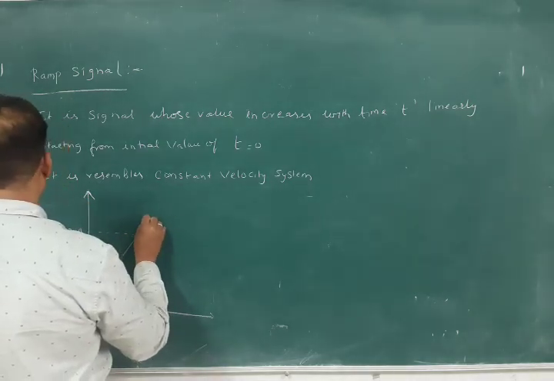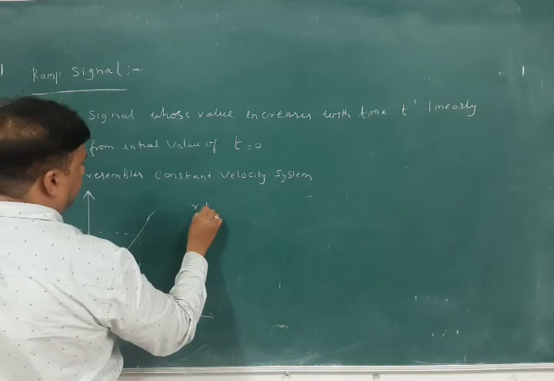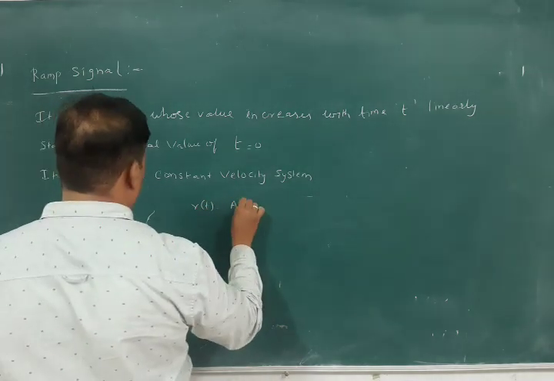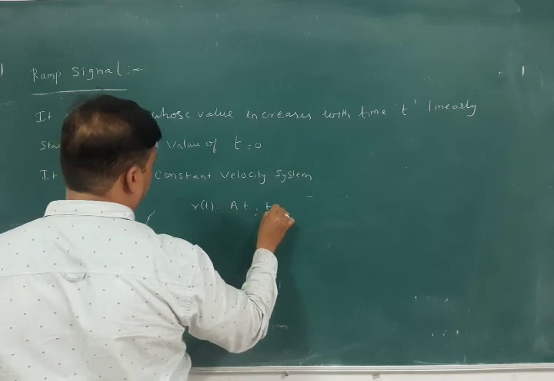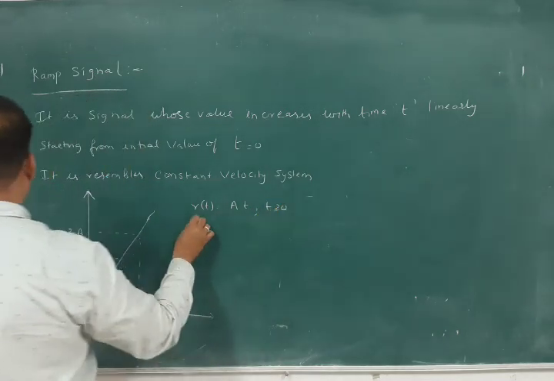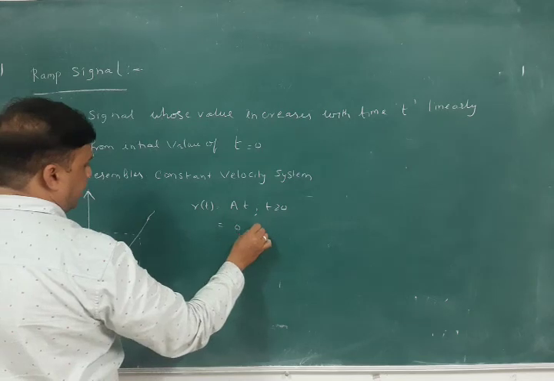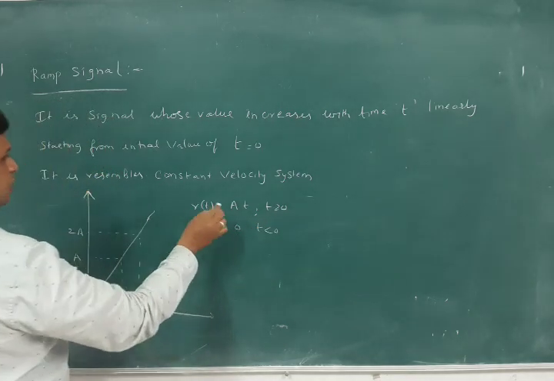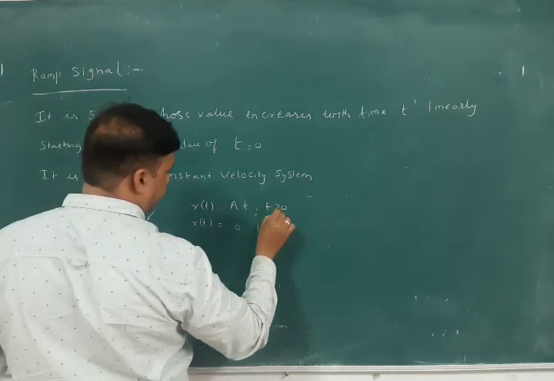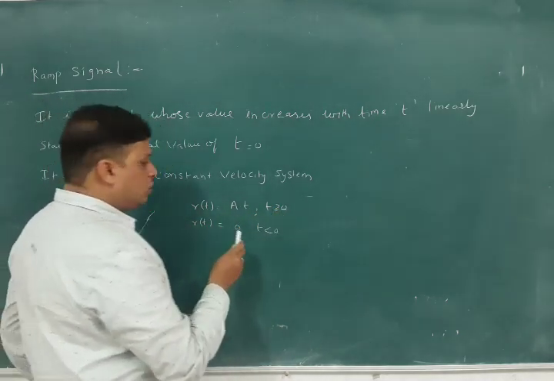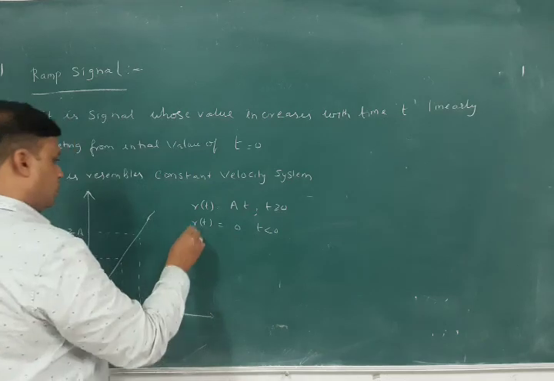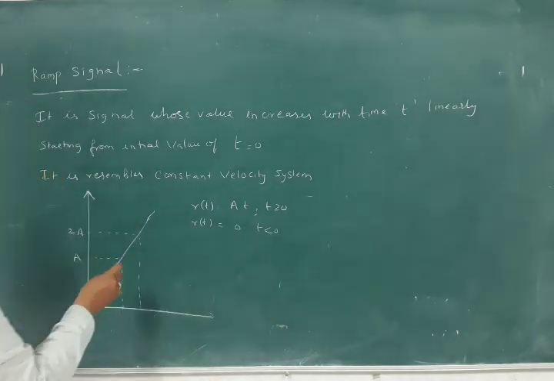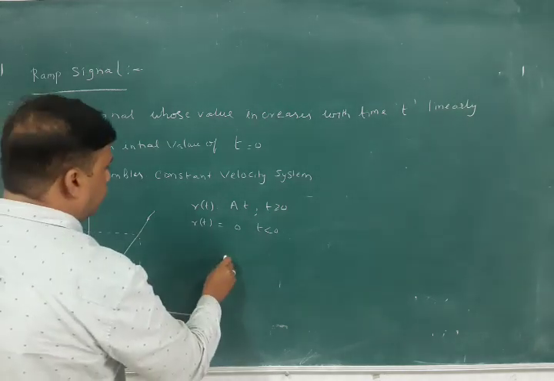Now we can write the mathematical representation: r of t is equal to A t for t greater than or equal to 0, and equal to 0 for t less than 0. This ramp signal is also called a velocity input.